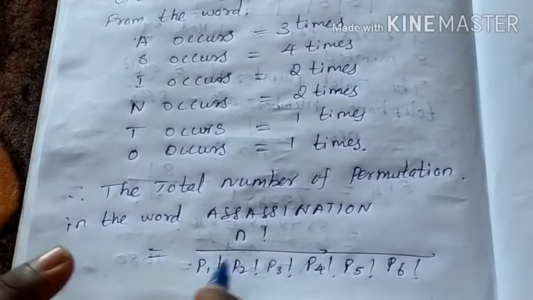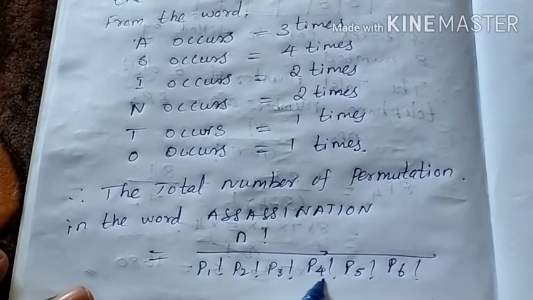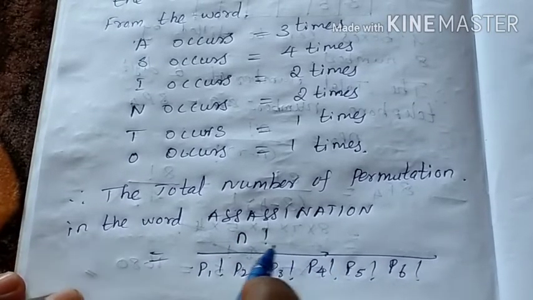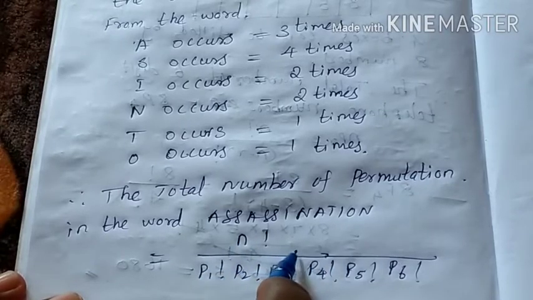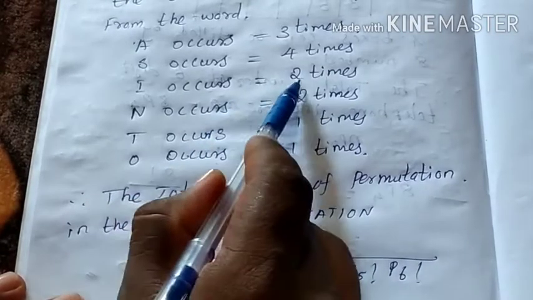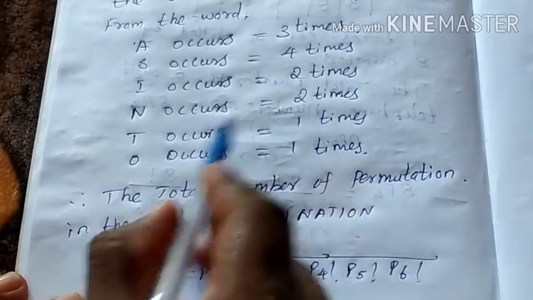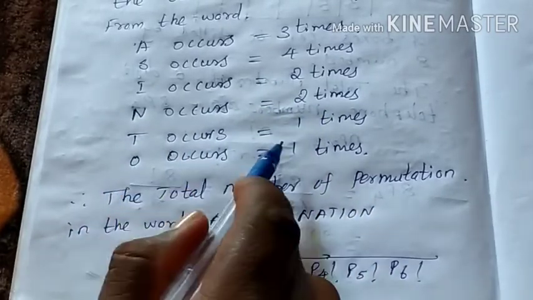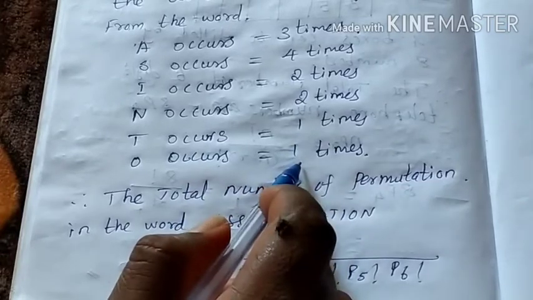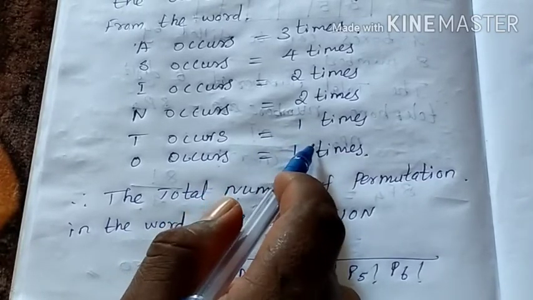Okay, totally 6 letters. This is the formula for objects that are not all distinct, because I and N each exist 2 times, and T and O also exist 1 time.